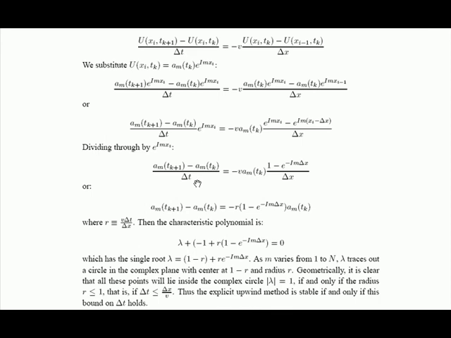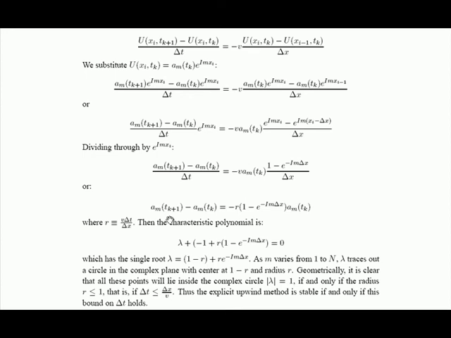Now I'm multiplying through by delta t and defining r to be v delta t over delta x. We're assuming v is positive, so r is greater than or equal to 0. And the characteristic polynomial then, see, this is your lambda term and these two are the constant terms.